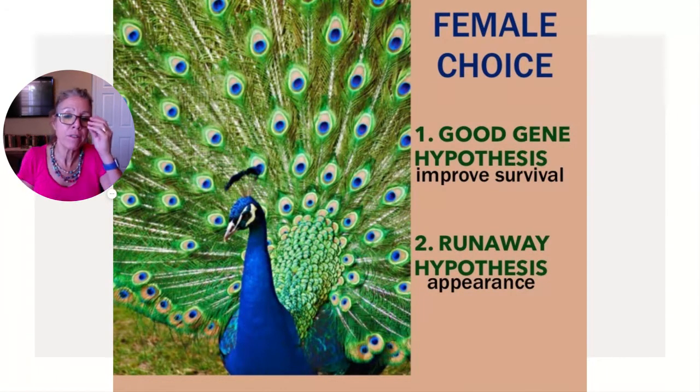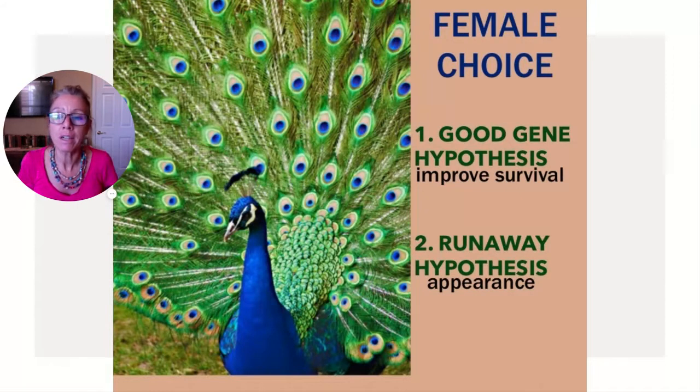The second hypothesis is the runaway hypothesis. They're running away with some trait, like this peacock right here. So all these feathers, and his appearance is bright and colorful. He can do a special dance that you like. These 2 hypotheses can overlap a little bit, in the sense that if his feathers are super bright colored and he looks healthy, maybe he has good genes.